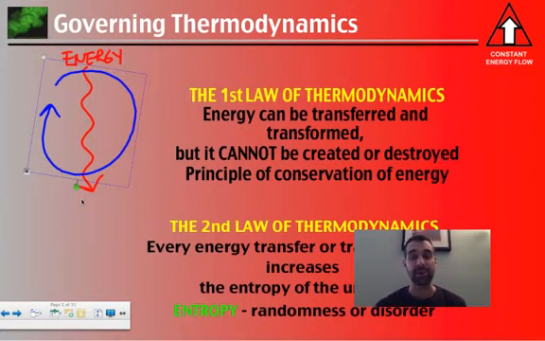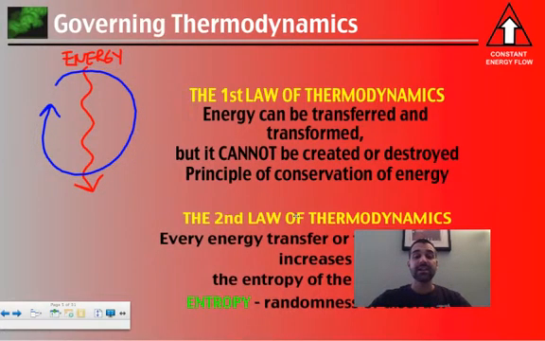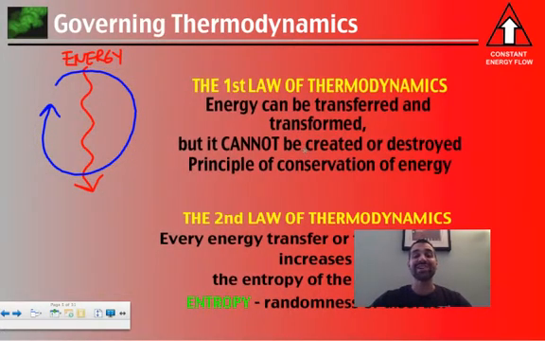So this is the crux of it all. There is a constant energy flow in the systems that we're dealing with. And we cannot destroy it, we cannot create it, we can only convert or transform it. So energy can only be transferred or transformed. The kicker of all of this is that energy transformations and energy transferals are not 100% efficient.